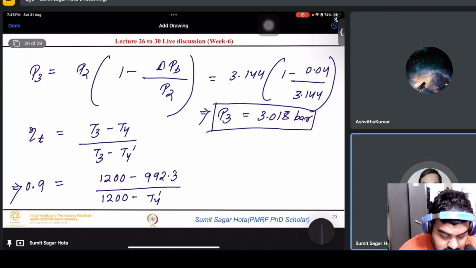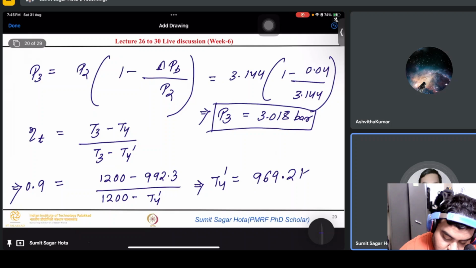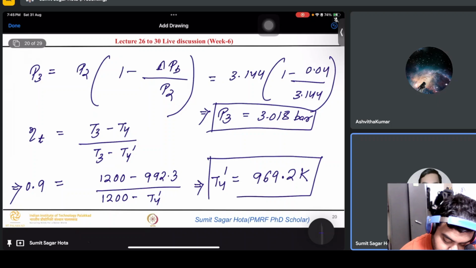So now we can calculate T4 dash as 969.2 Kelvin. Okay, this is your T4 dash.